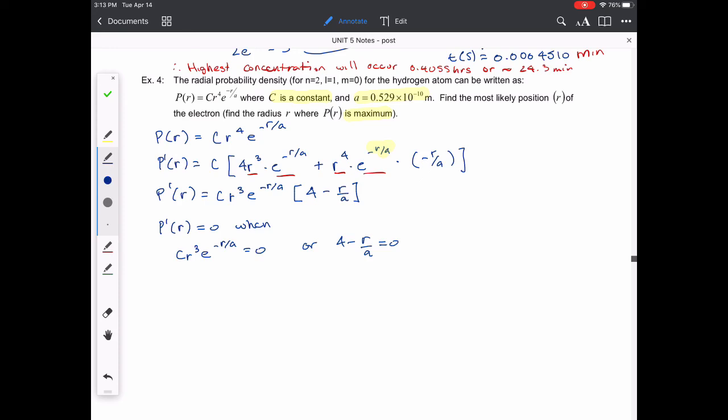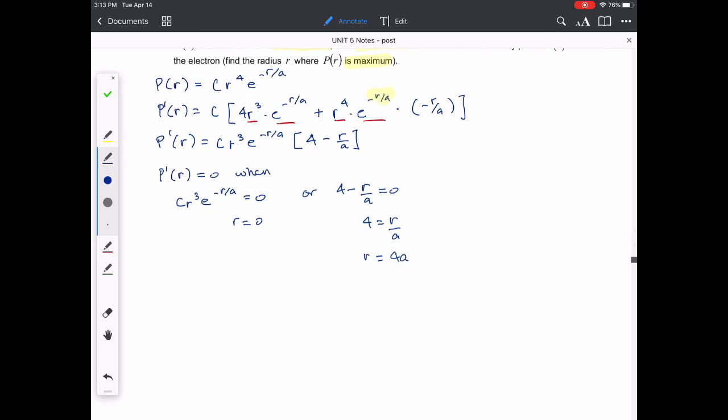So it's going to mean that R is equal to 0. And for the second part, if I want it in terms of R, that means I'm going to say that 4 is equal to R over A. I want to get rid of the A, so we're going to have R is equal to 4A. And now I can plug in the A value for R if I want to, right?